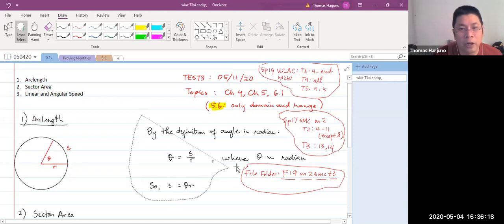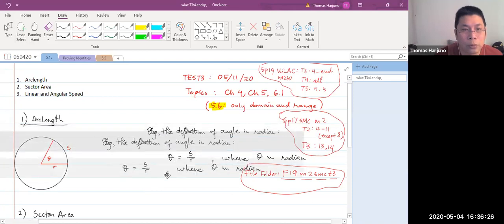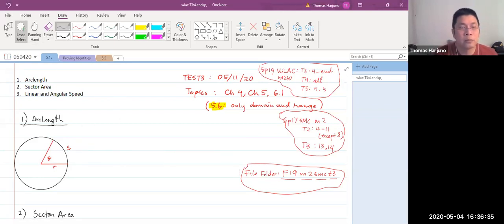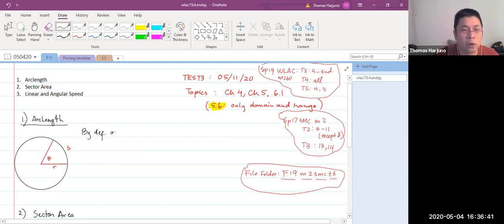By definition of angle in radian, we know that angle theta in radian is equal to the arc length subtended by that angle divided by the radius.